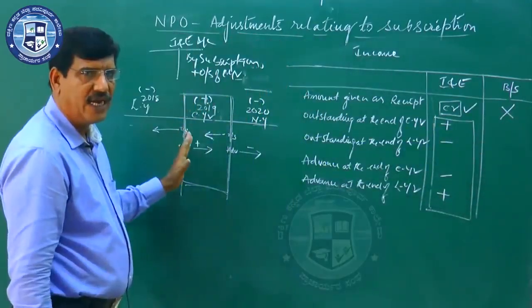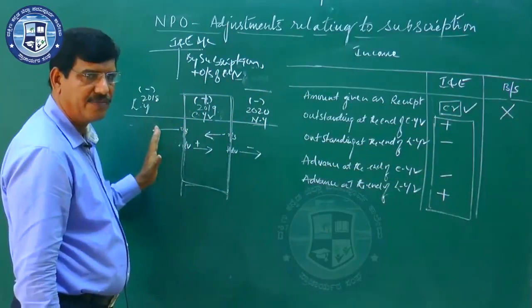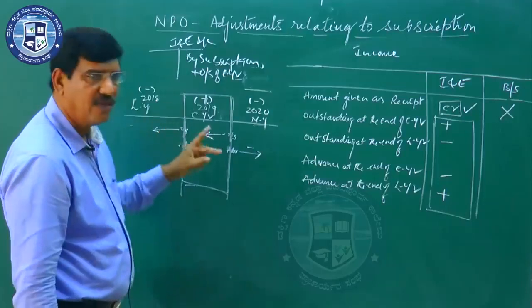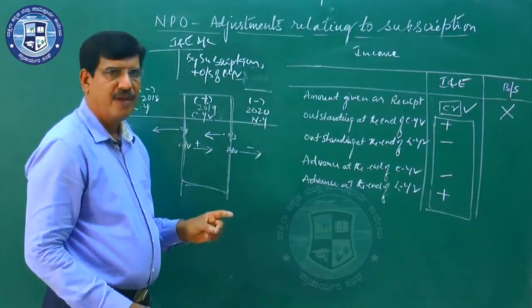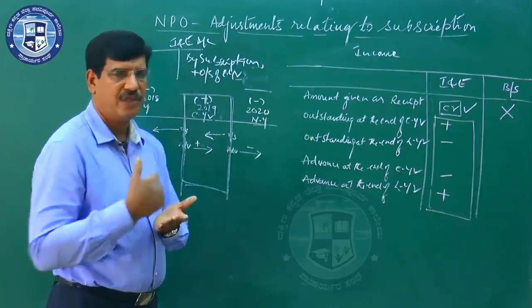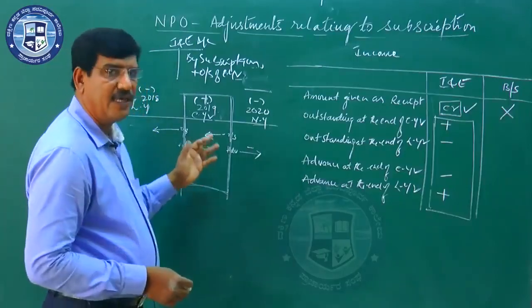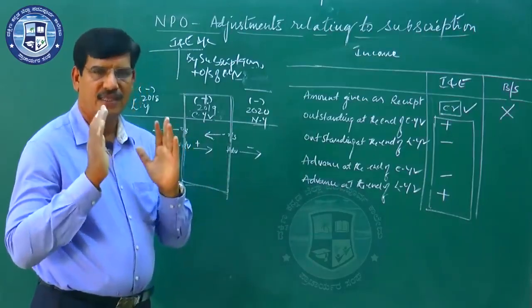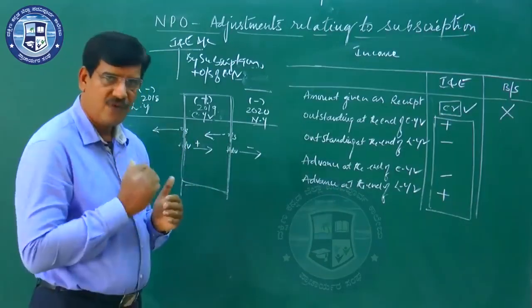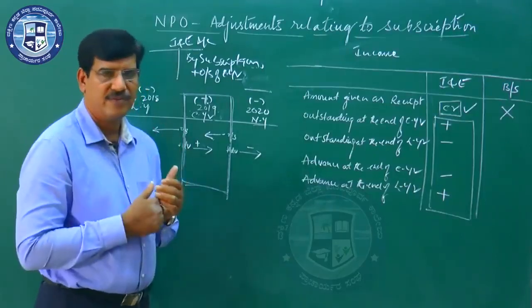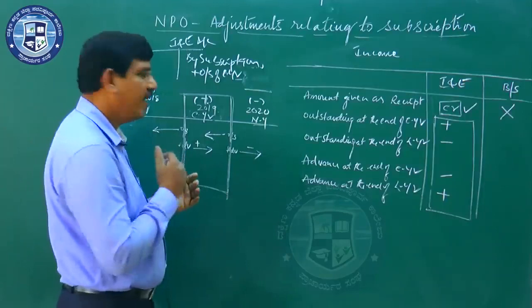Any outstanding, whether it's related to last year or current year, it is the amount to be received in future or to be paid in future. If this amount is considered as an obligation, consider it as liability. In future, if these amounts are supposed to be received, then consider them as asset.